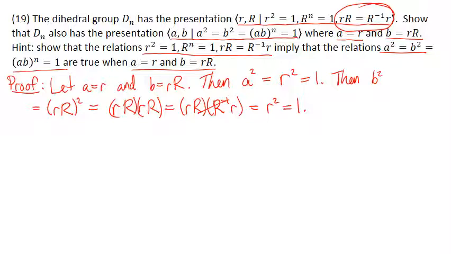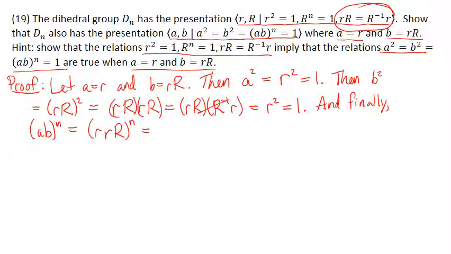And now let's finish by showing that ab to the n equals 1. So finally, ab to the n. So let's see, ab is going to be, that's little r, and then little r again times big R, and that's to the n. Oh, okay, so this is not very hard at all.